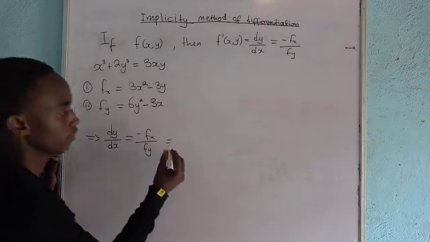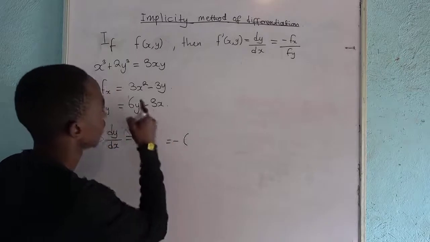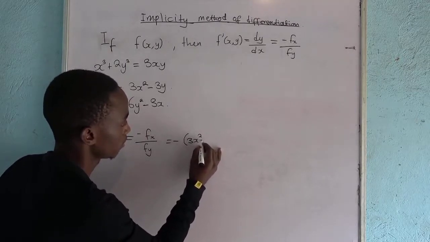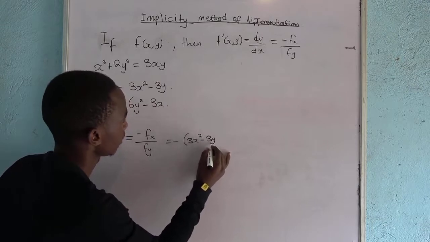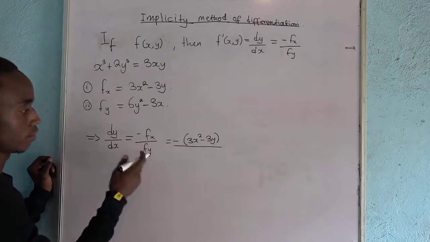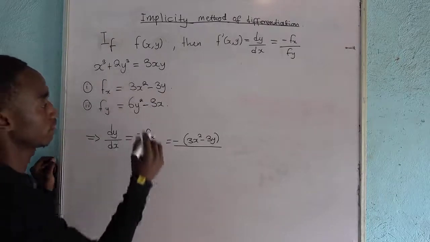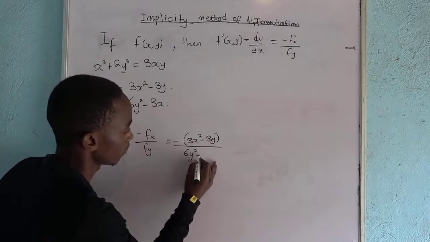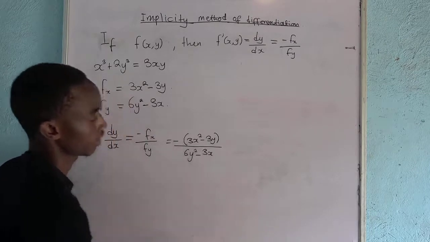It is this one. So we are going to say negative of that, which is 3x squared minus 3y, divided by the partial derivative of y of this function, which is actually 6y squared minus 3x like that.